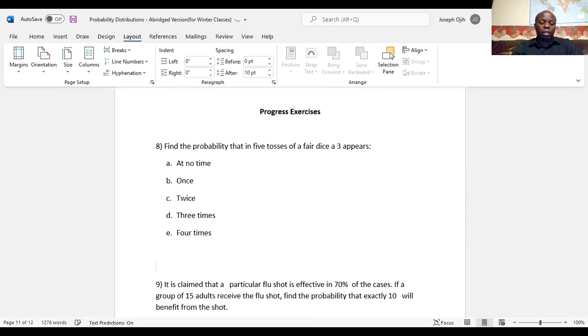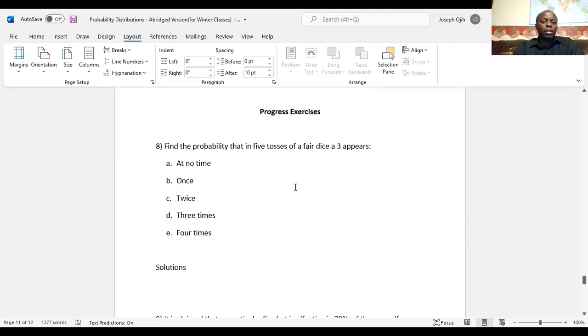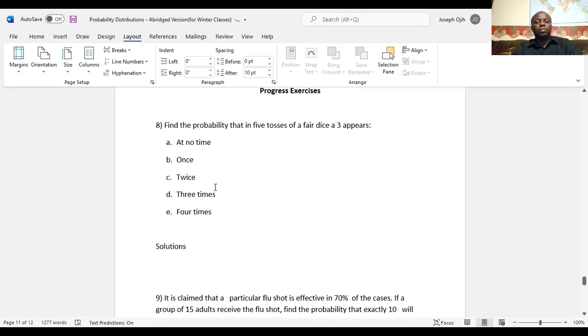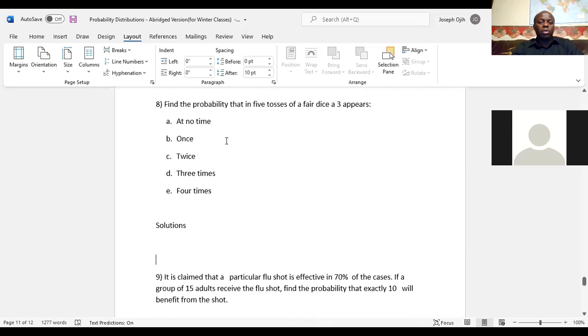So let's start from here. Solutions. You guys can see the screen, right? Yes. It says in 5 tosses, so N is 5. N stays the same, it doesn't change.